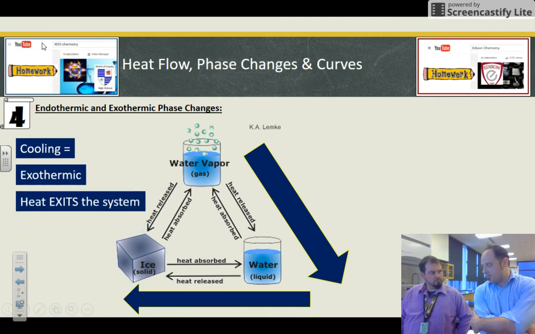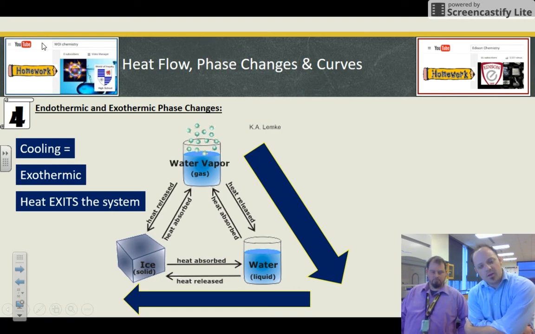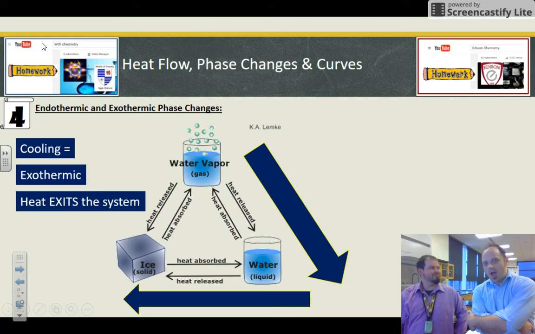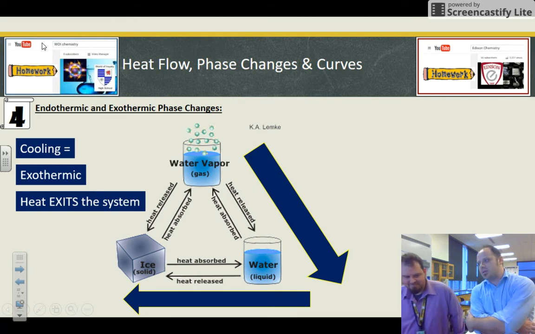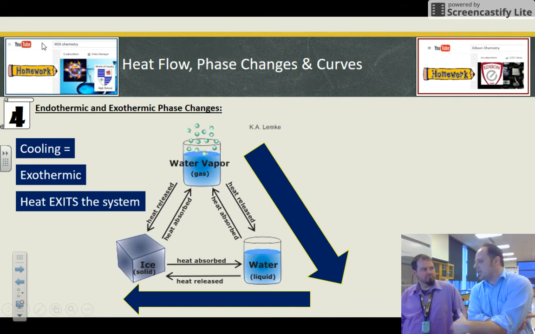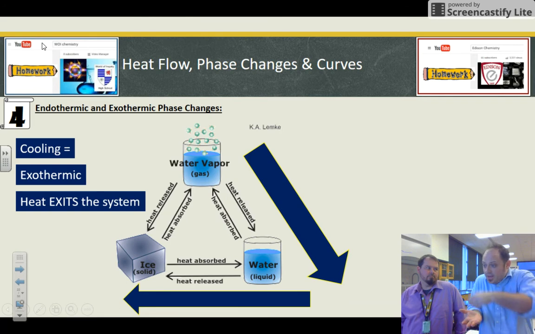And you might have thought that exothermic means releasing heat. And you're right. But here's the thing. When you release heat, you get colder. That's the part that people don't often realize. They think exothermic means it gives off heat. Well, giving off heat is releasing heat, but we're talking about phase changes. And that heat that's being released when you take liquid water and freeze it is being released from the liquid into the fridge.